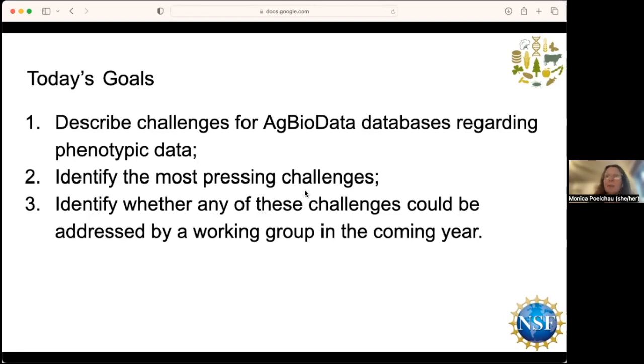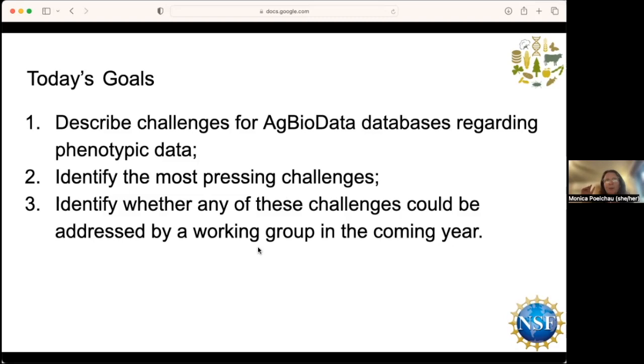And since we're AgBioData and one of our goals is to actually help streamline processes and standard procedures for the databases to be able to serve our customers better, we were going to try to focus our discussion and possibly a working group on the challenges specifically for the databases and other IT resources that AgBioData comprises.